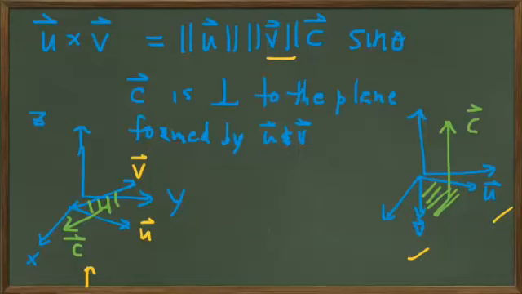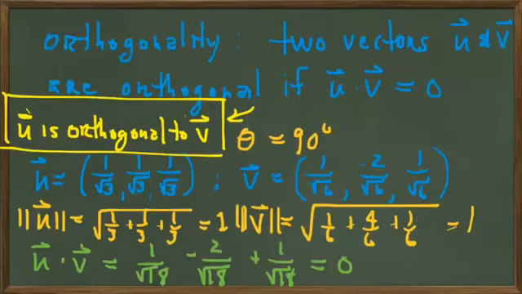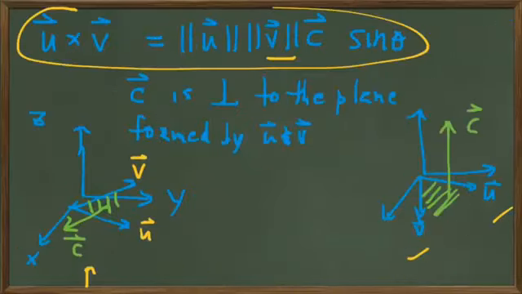I should note also that these definitions for u cross v and for u dot v can be derived. These geometric definitions can be derived, but they're very difficult to derive, probably a couple pages each for both of them.